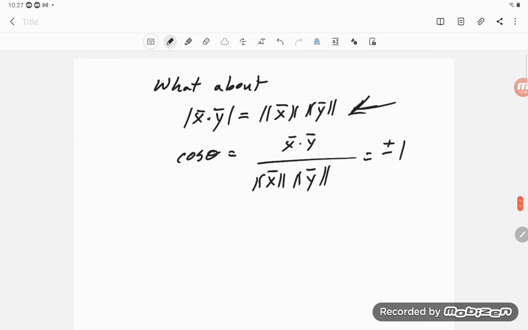And if that's plus or minus 1, then theta was 0 or pi. And so we get equality exactly when x is a multiple of y or vice versa. And so that is the case for equality.